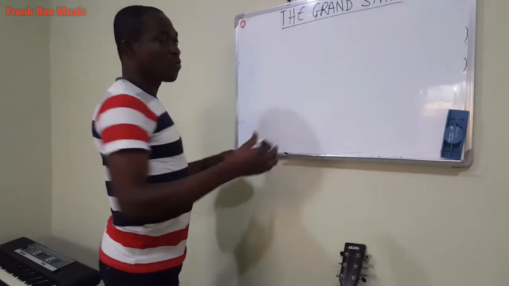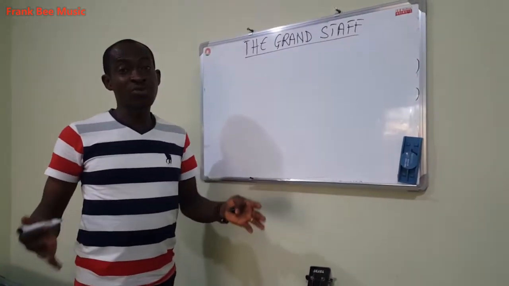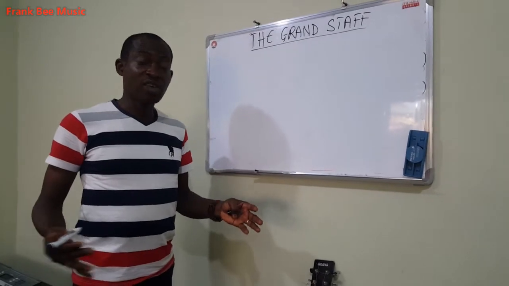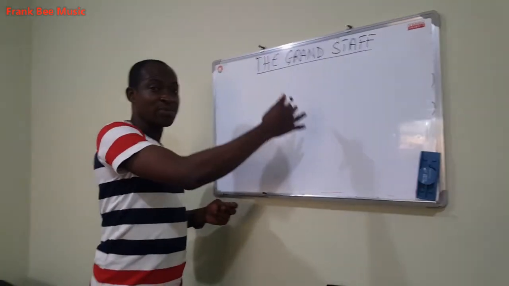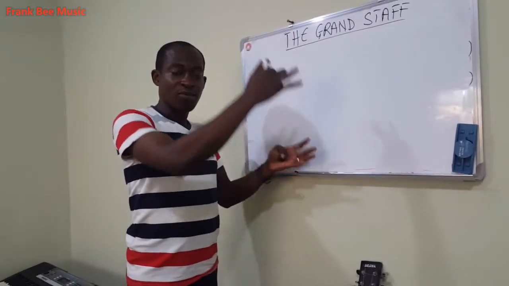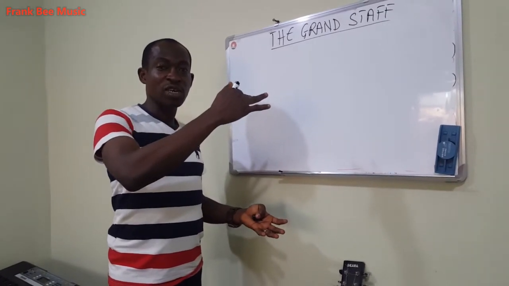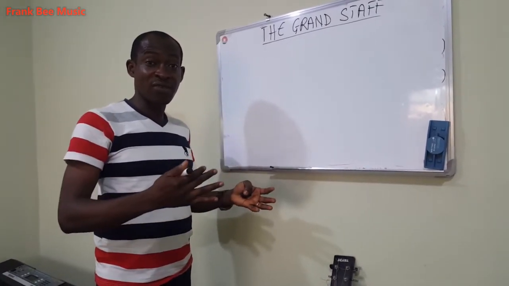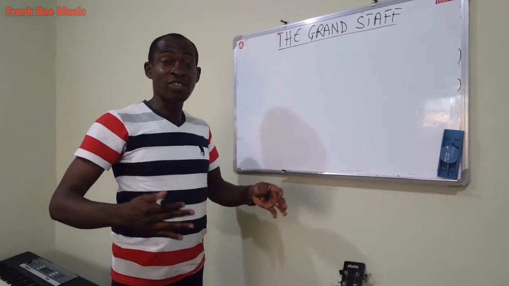So we've already learned what the treble staff and the bass staff is. So I'm going to draw them and then put them together so that you know how the grand staff works or how it looks like.